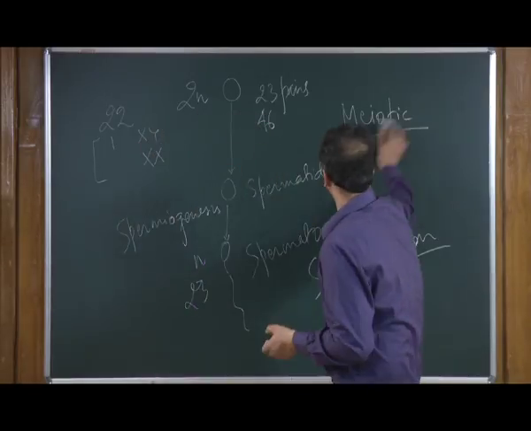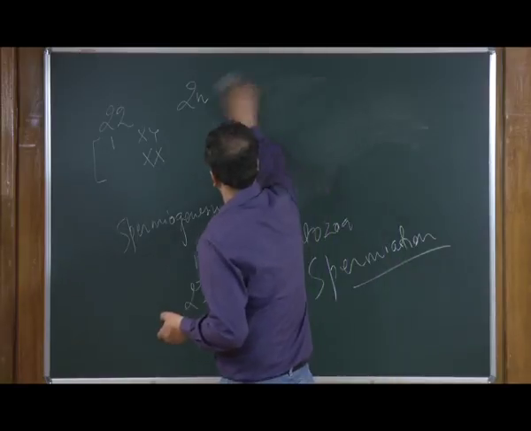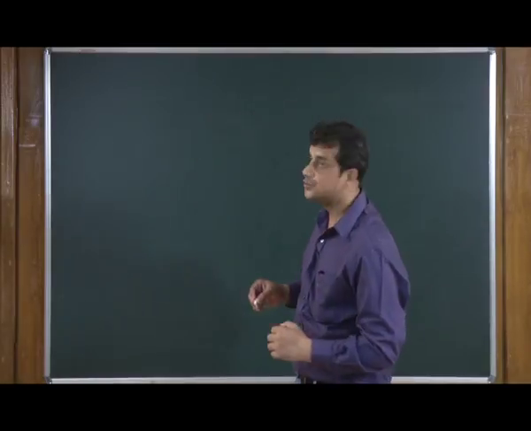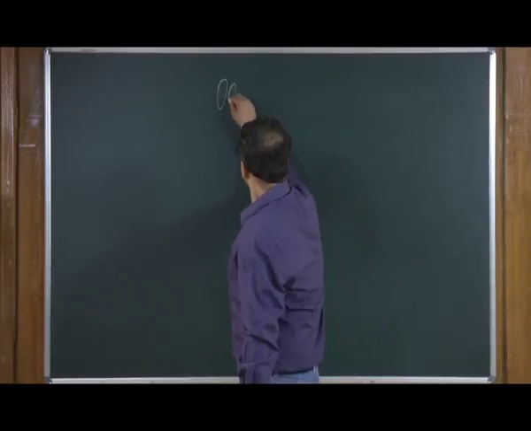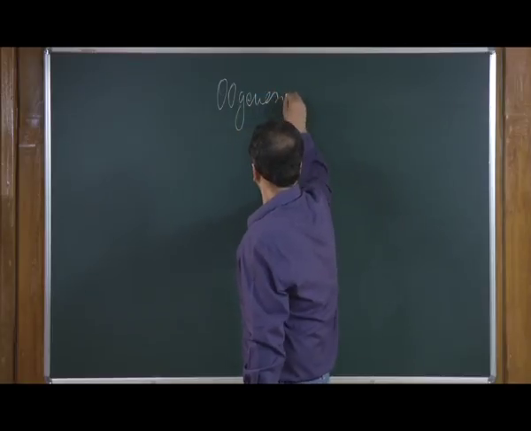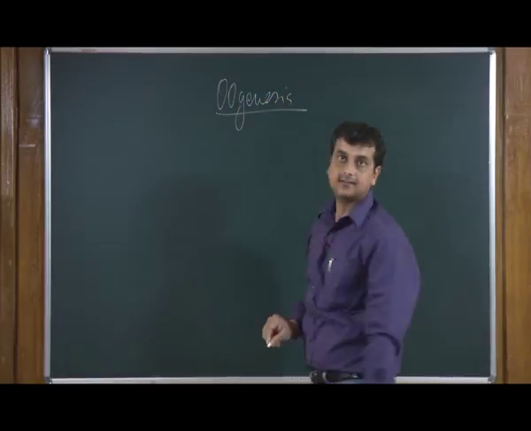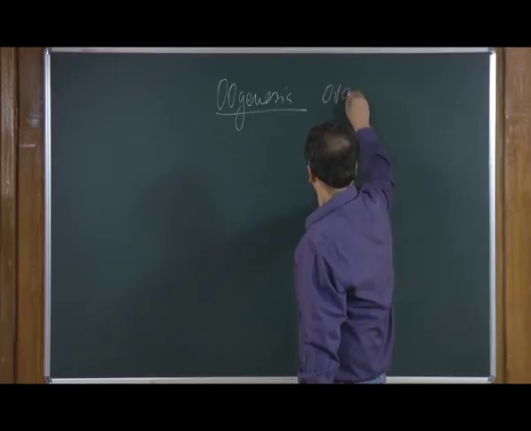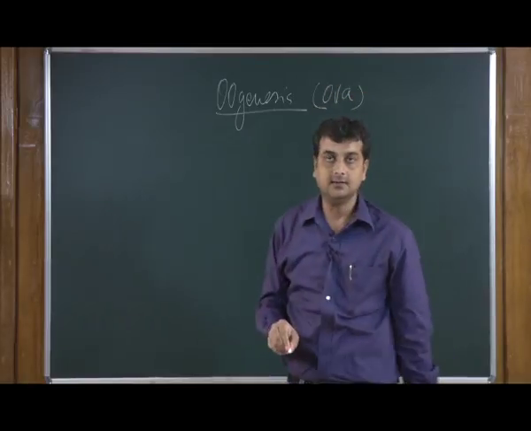Let us move on and start with oogenesis. Oogenesis is the formation of ova, which is the female gamete.